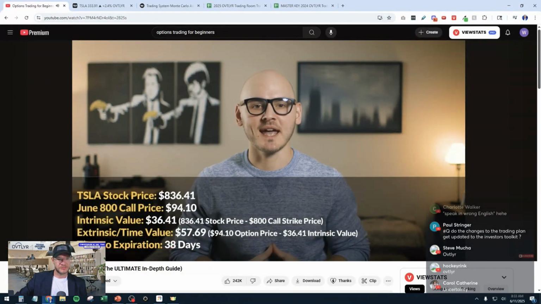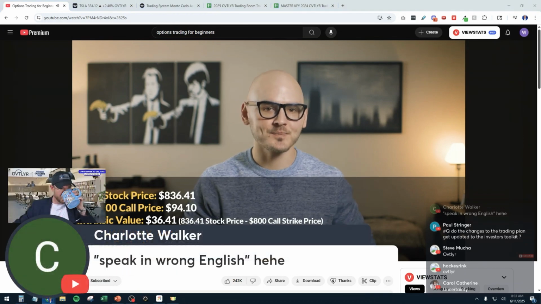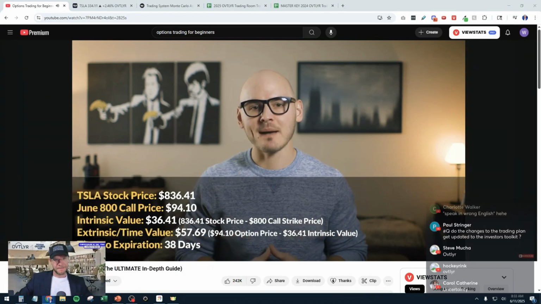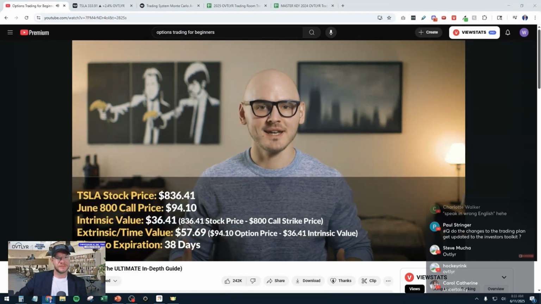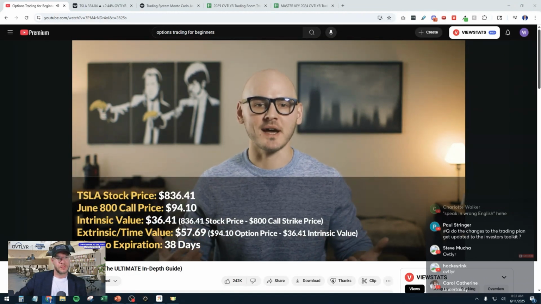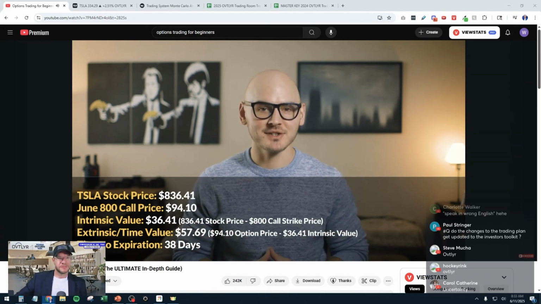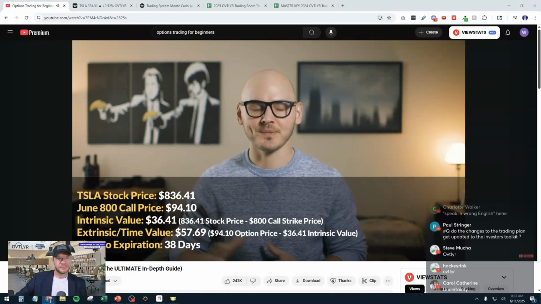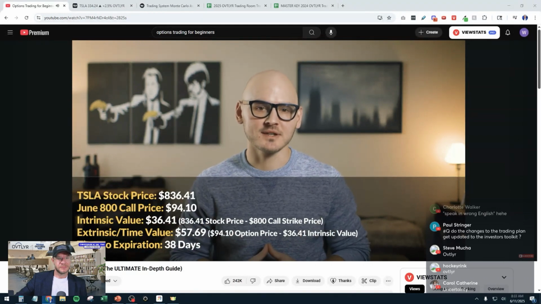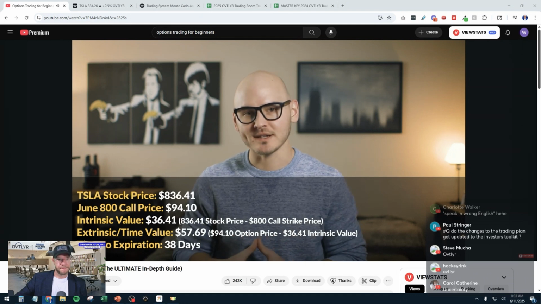Just because it only has $36.41 of intrinsic value right now, there's the potential that the option will have significantly more intrinsic value in the future if Tesla shares increase by a significant amount, which is certainly possible considering that Tesla shares can move around hundreds of dollars in just a few days' time. So that explains why this option has a lot of extrinsic value or time value in its price.